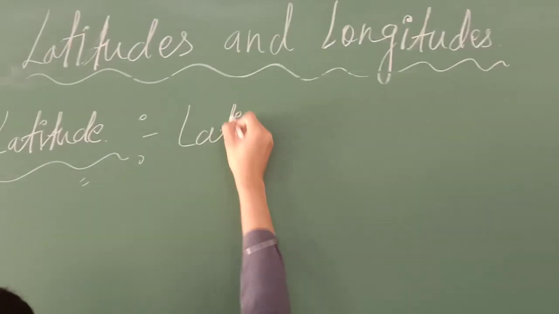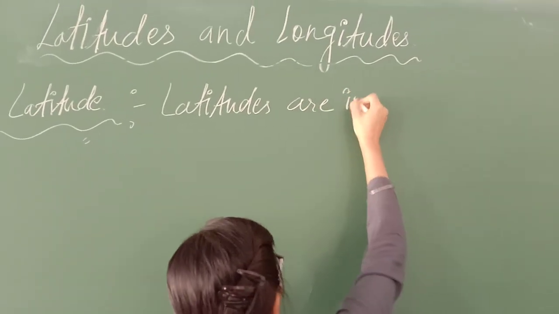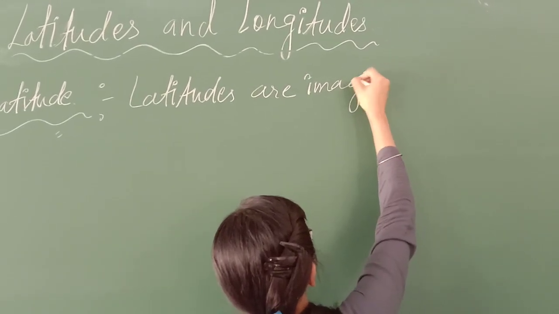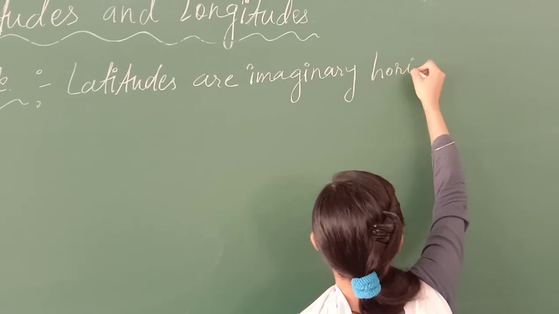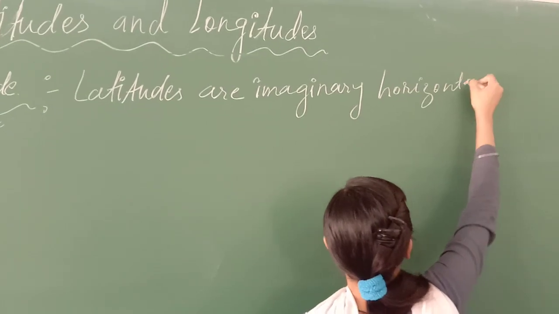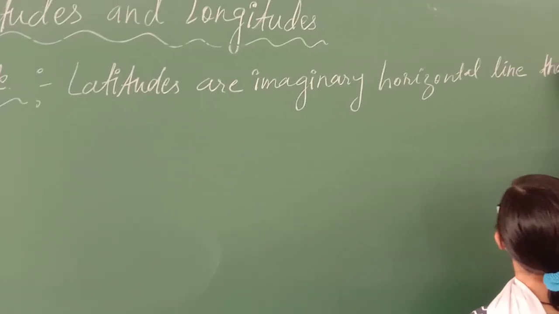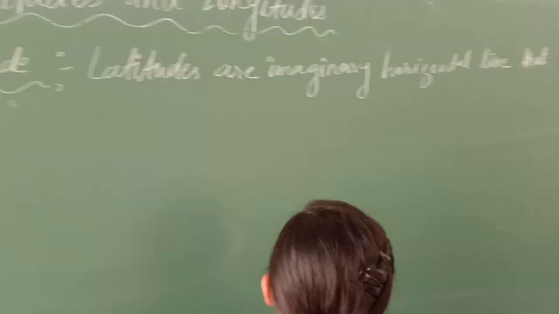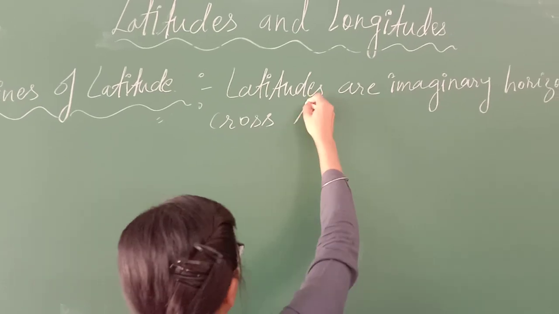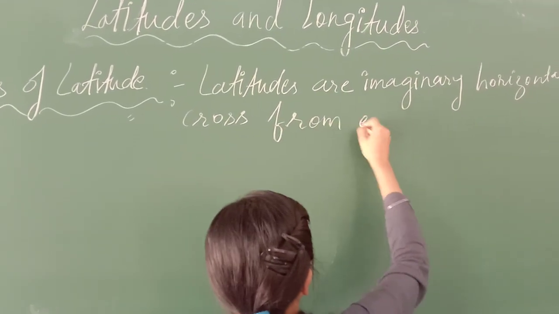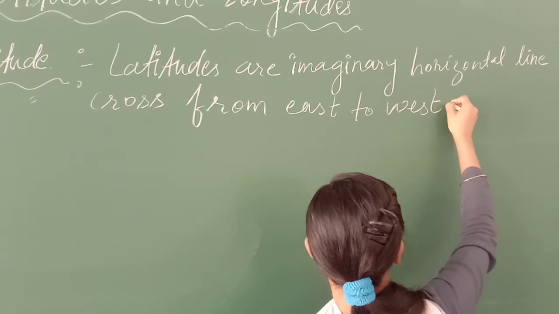Latitudes are imaginary horizontal lines that cross from east to west.